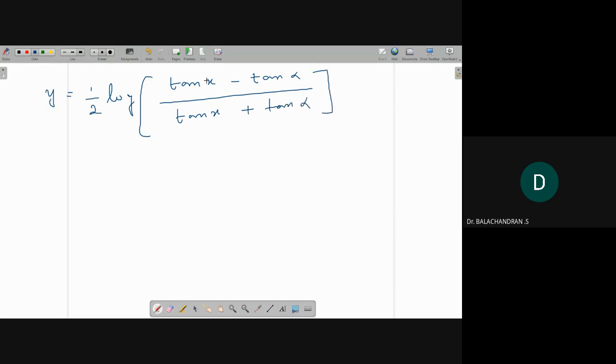Now write tan x as sine by cos everywhere, in the numerator and the denominator. So sin x by cos x minus sin alpha divided by cos alpha.